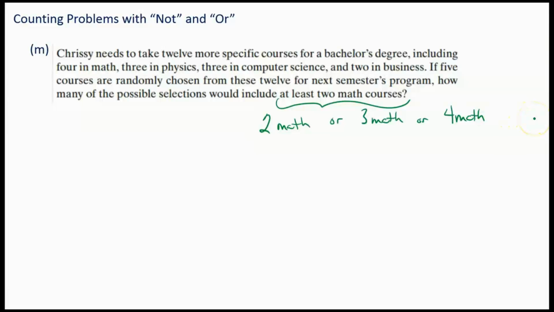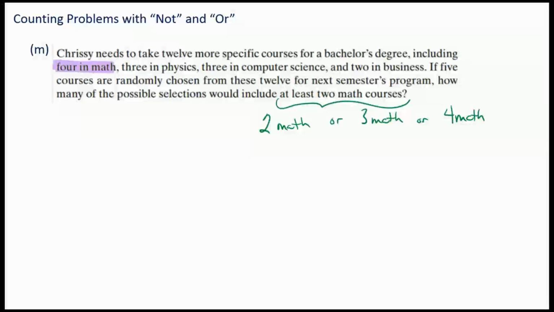Does it really mean that? Look, if you go back and look, notice there are only 4 courses in math. So 4 is the most you could possibly randomly select because there's only 4 available to select from. So we could just use our OR calculations to calculate these 3 separately.